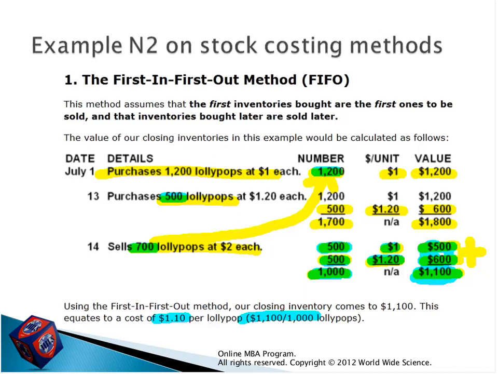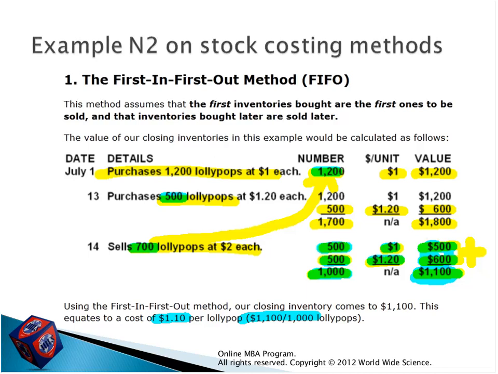And this is a very easy example. Sometimes you can see that large, or even small, companies have a lot of purchases during the year at different prices. So they do all this calculation to find the inventory values at the end of the year.